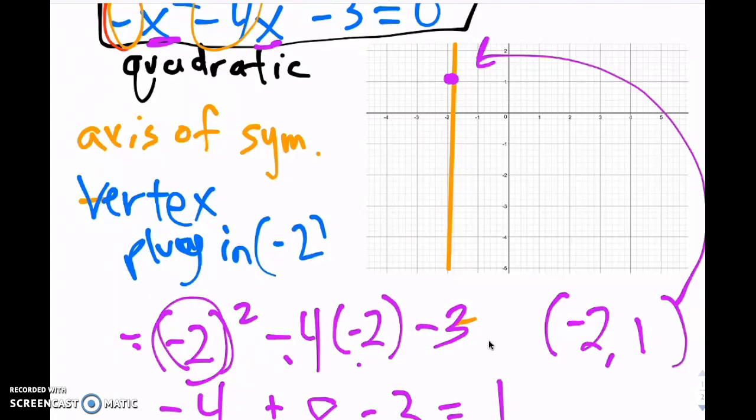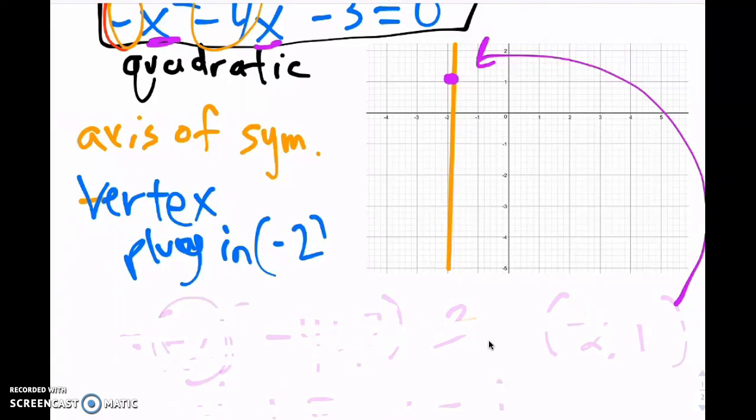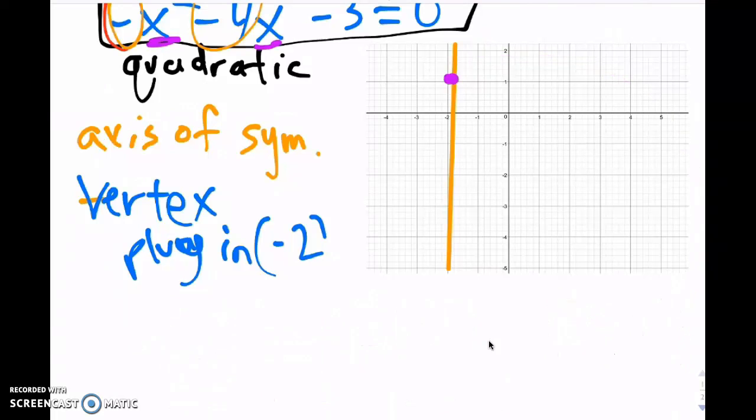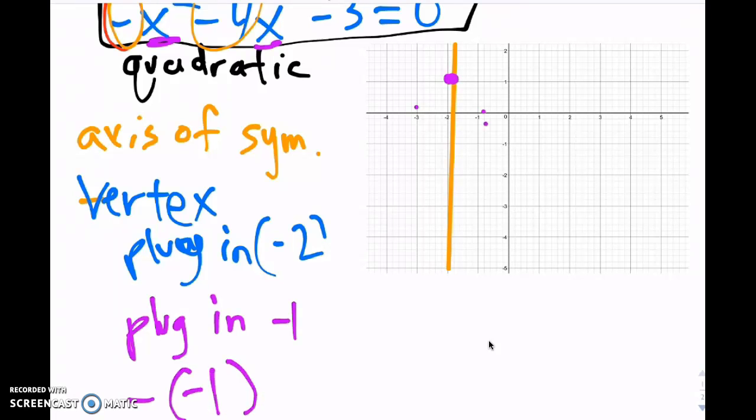Now, we have one more thing to go before we can actually start graphing this, and that is to find a couple other points. As I look at this, I see negative 1 is on this side and negative 3 is on this side. So I know that whatever I get for one is going to be the same on the other because it is symmetrical on either side. So I'm going to plug in negative 1. I want to see where this point is at negative 1. You could pick any number in the whole world. So if I plug in negative 1, here we go again, same equation.